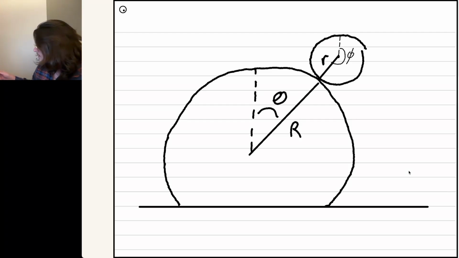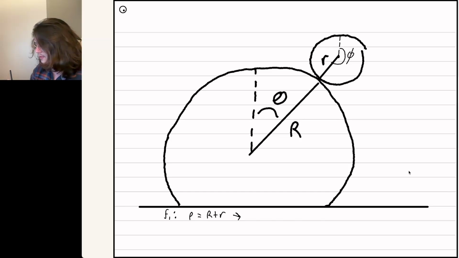The first constraint that we have, which I'm going to call F1, is that whenever the hoop is still on the cylinder, the radial distance from the center of the cylinder to the center of the hoop is constant. That is, rho, I'm going to call it rho, is equal to R plus r.